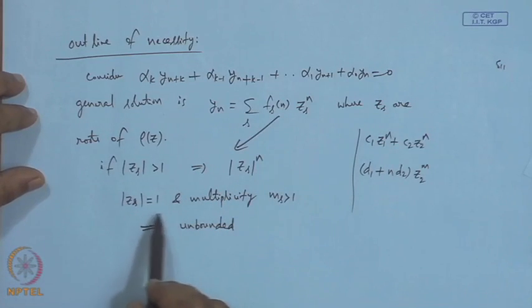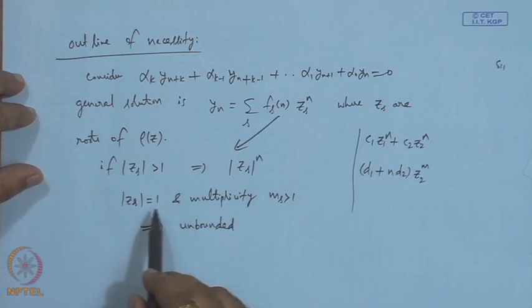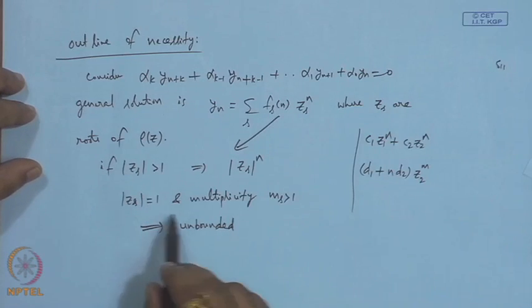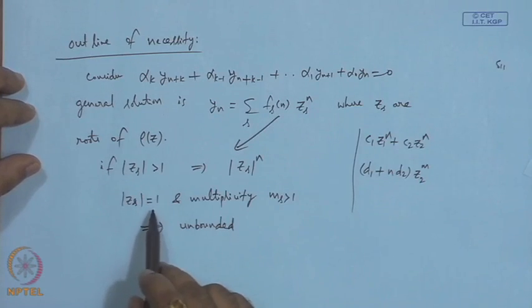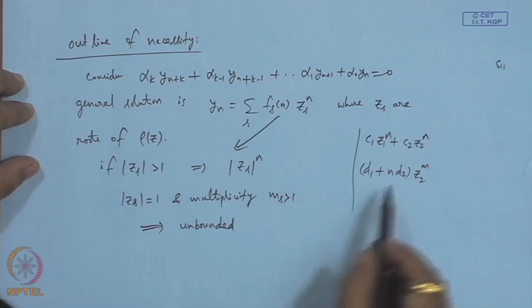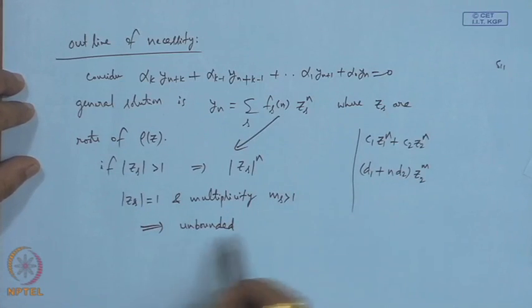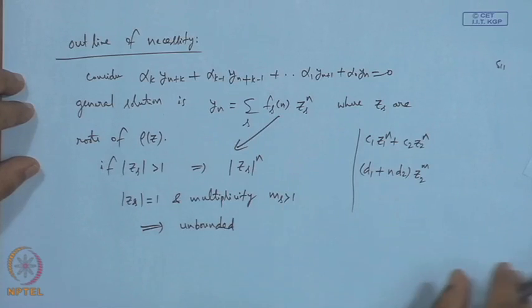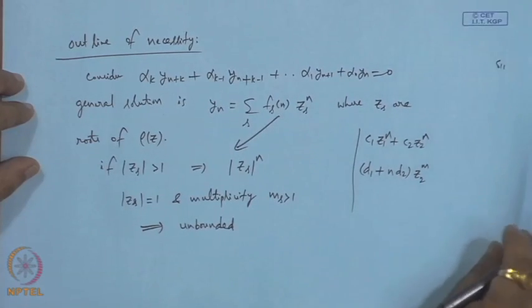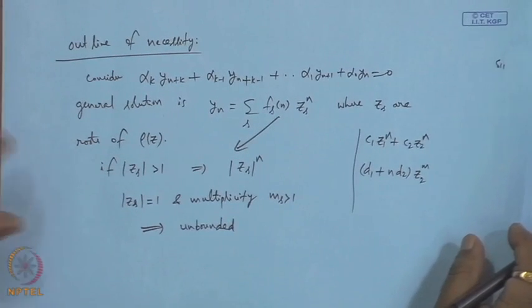If the roots are on the boundary of the unit circle but with multiplicity greater than 1, this may happen too, and that may again lead to unbounded solutions. Therefore, the root condition plays a vital role.